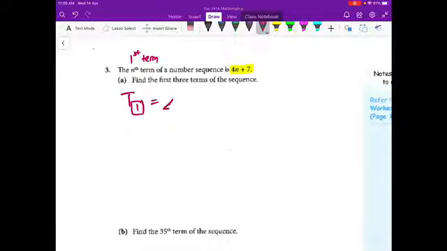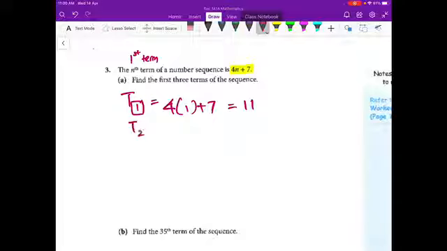So every time you see this n, you erase it and change it to become 1. So term number 1 has a value of 11. So 4 times 1 is 4, plus 7 is 11. We are not answering the question over here. I'm just explaining to you what is happening.